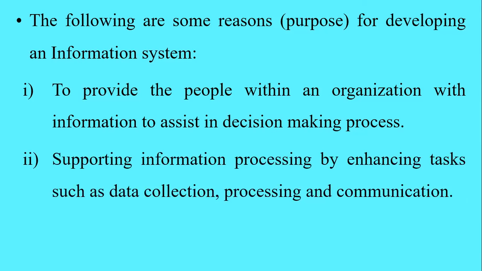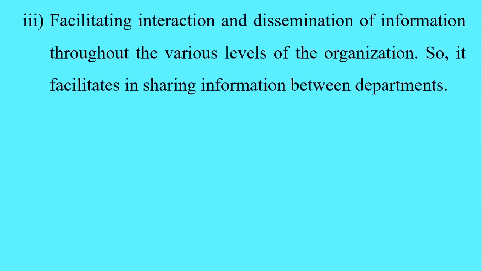Number two is supporting information processing by enhancing tasks such as collection, processing, and communication. Number three is facilitating interaction and dissemination of information throughout the various levels of the organization. So, it facilitates sharing information between departments.